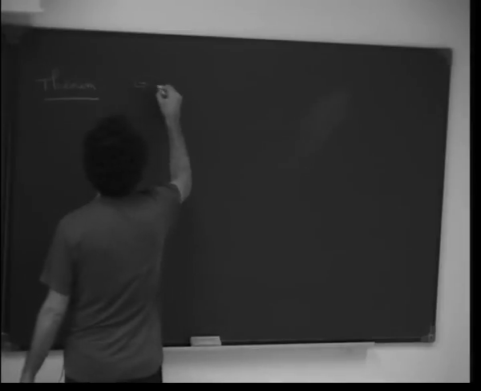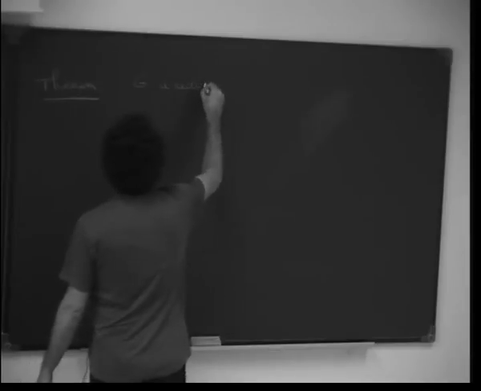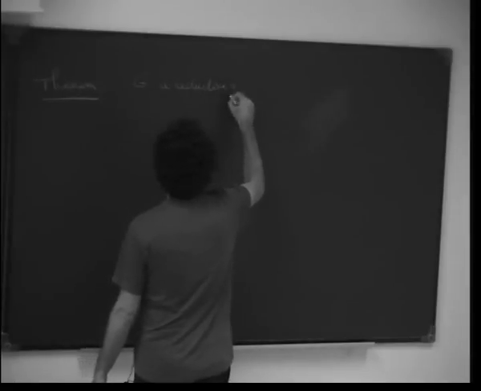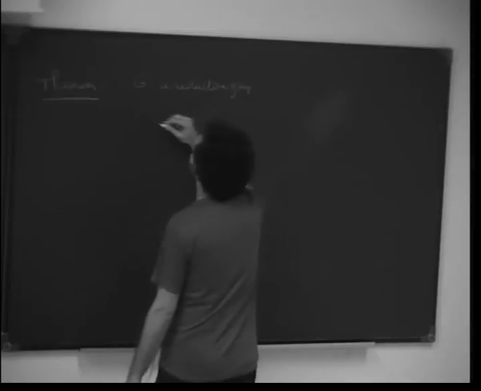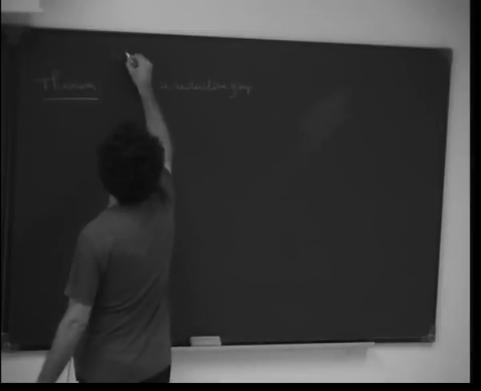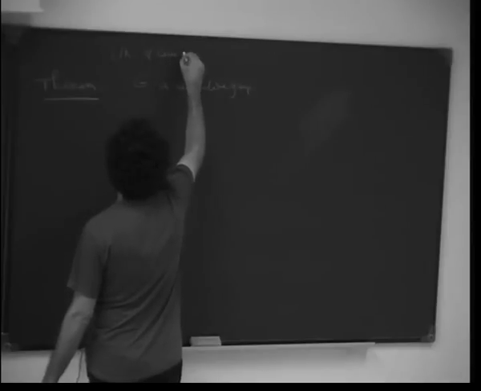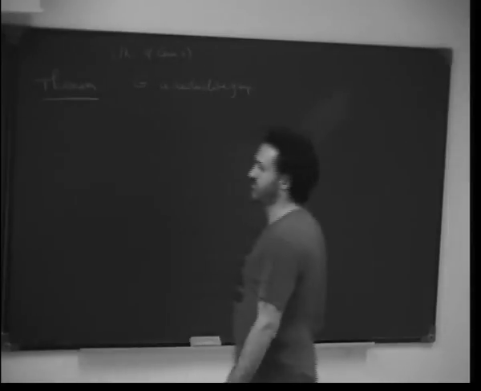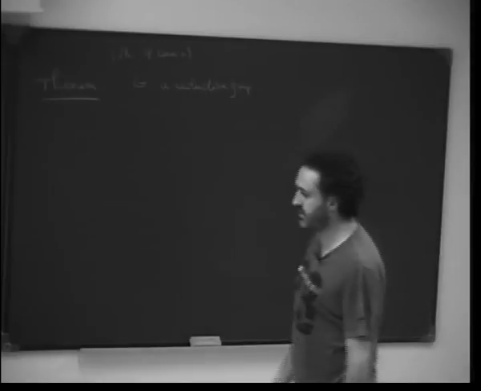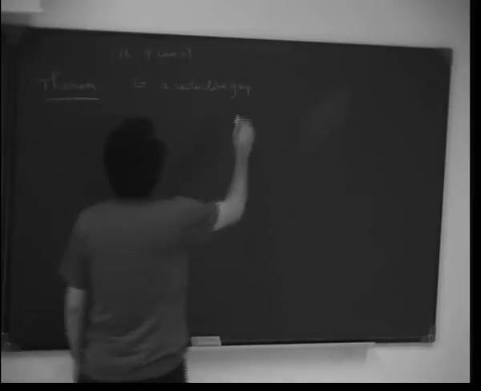Okay. So I start with G, a reductive group, and everything is going to be over some base field K of characteristic 0. So varieties will be algebraic varieties over K. Reductive group is an algebraic group over K, which is reductive and so on.